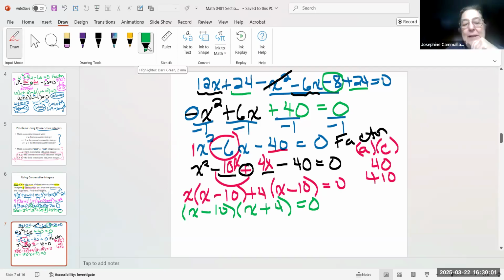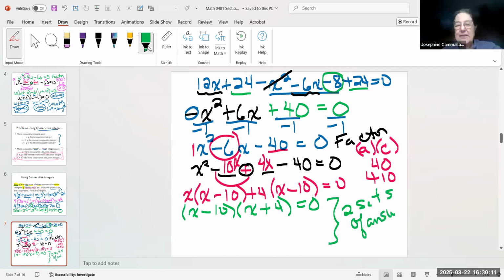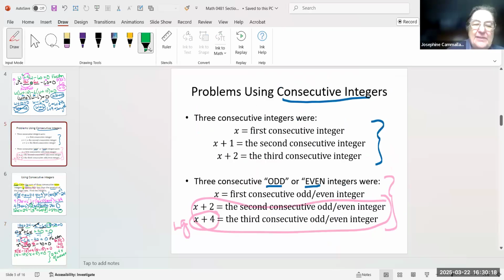Okay. Now, this problem has two sets of answers. And you're going to say, what? Well, let me go back a couple of slides here. Integers are positive and negative numbers.